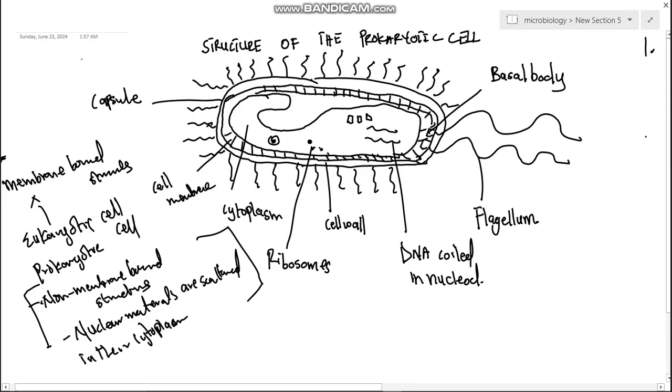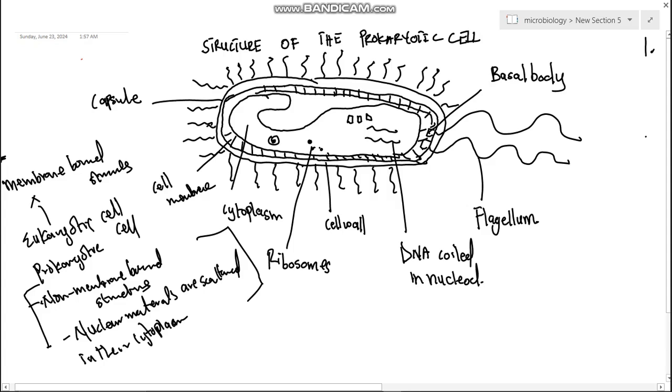Unlike eukaryotic cells that do not have a cell wall, prokaryotic cells have a cell wall. So we realize that the prokaryotic cell is distinct from the eukaryotic cell. And today we are going to talk about each of the components and go much deeper into it.